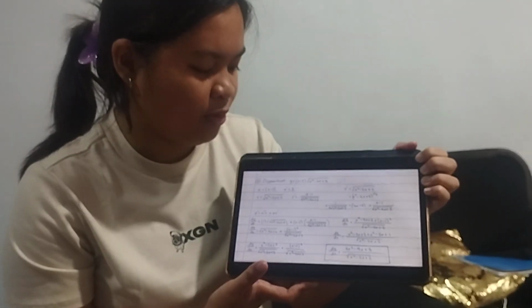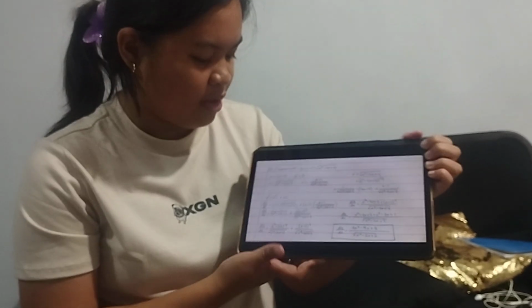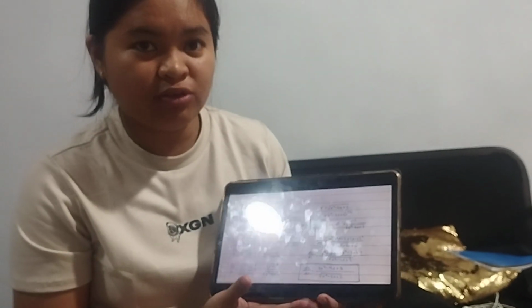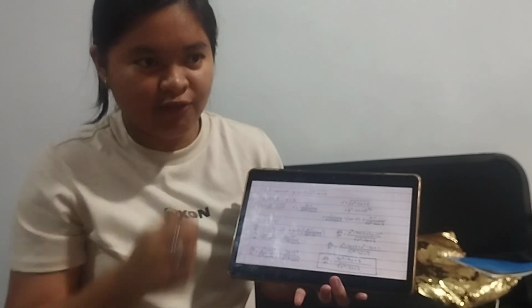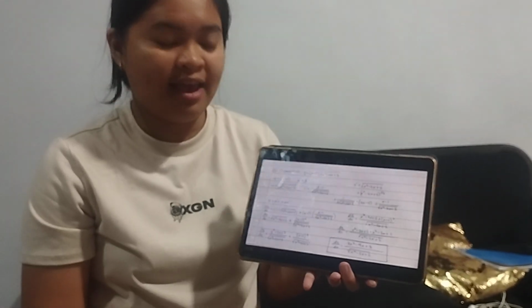So for the third question, differentiate y equals x minus 1 times the square root of x squared minus 2x plus 2. The first thing you have to do is to find the derivative of both terms. x minus 1 is our u in this case, and its derivative is 1.